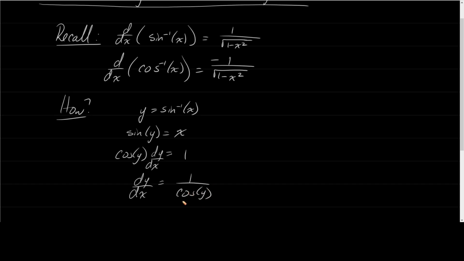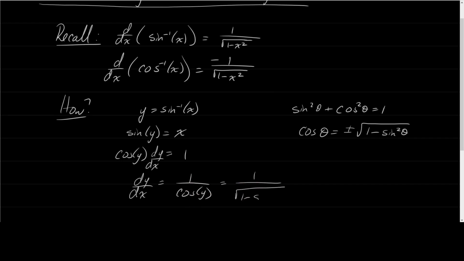But now, let's think about cosine theta in general. We know that there's this identity, sine squared plus cosine squared is equal to 1. Solving for cosine, I end up with cosine theta is equal to plus or minus the square root of 1 minus sine squared theta. If I just consider the positive version here, 1 over cosine of y would be 1 over the square root of 1 minus sine squared of y.